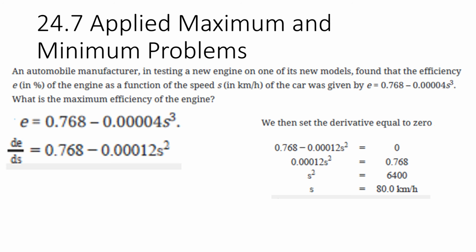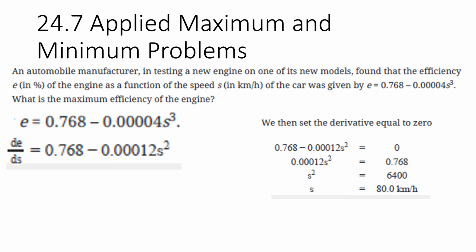So the first derivative, with respect to speed, is 0.768 minus 0.00012 s squared. So that's pretty much how we're taking that first derivative.